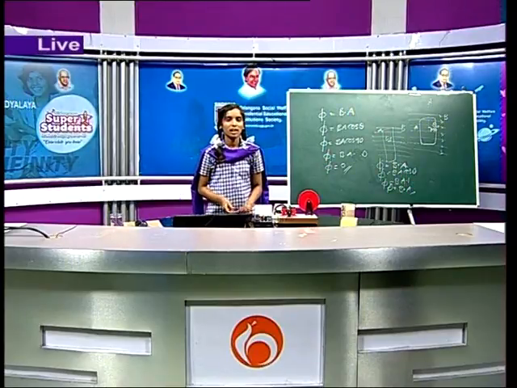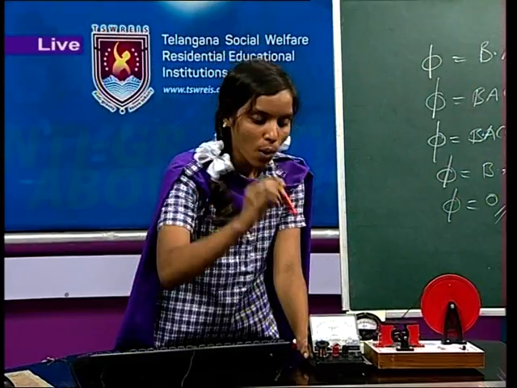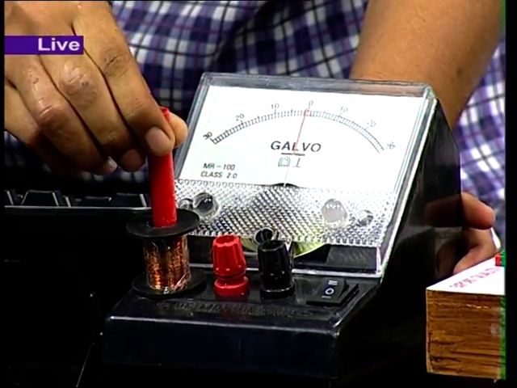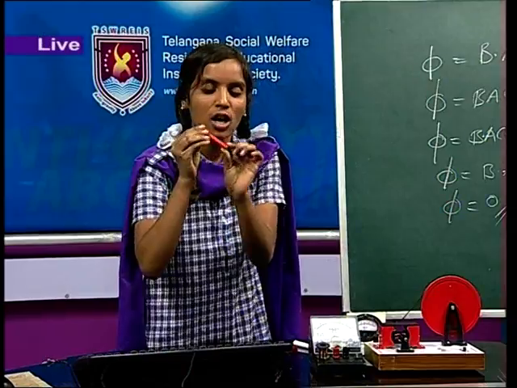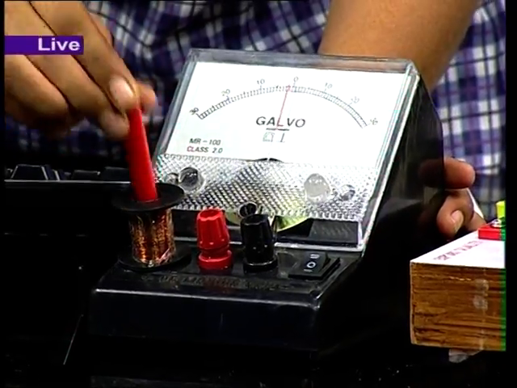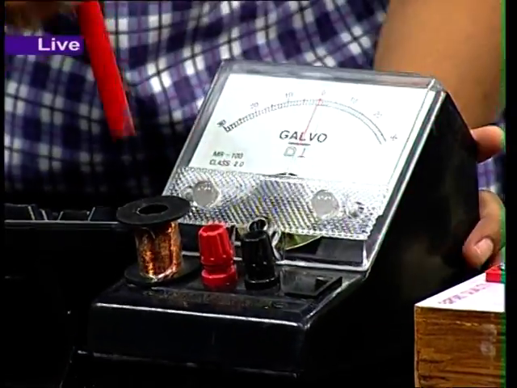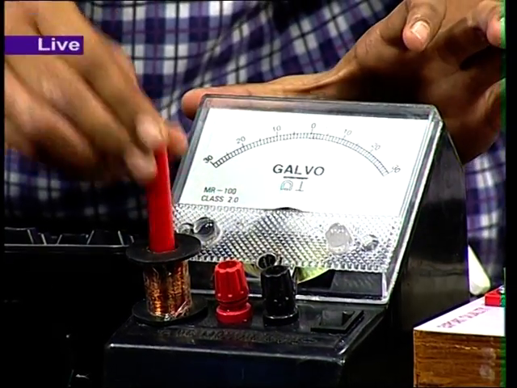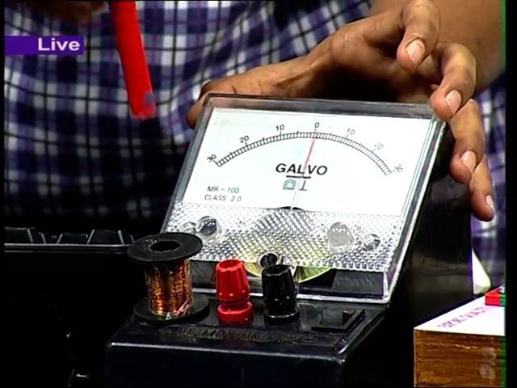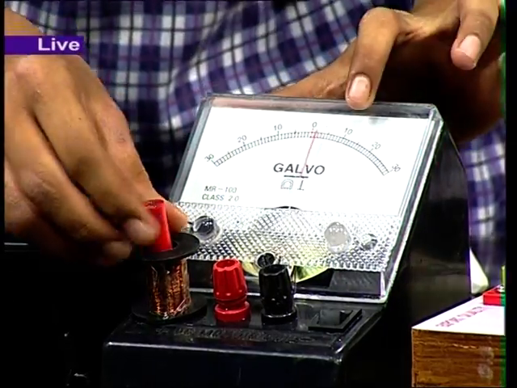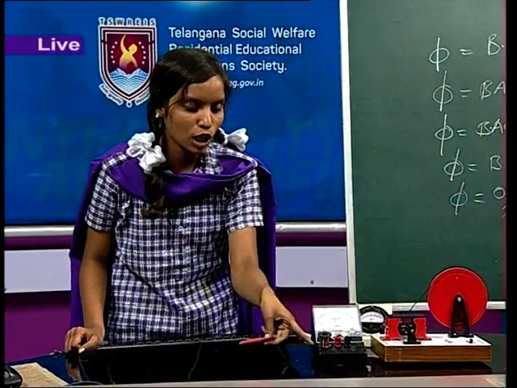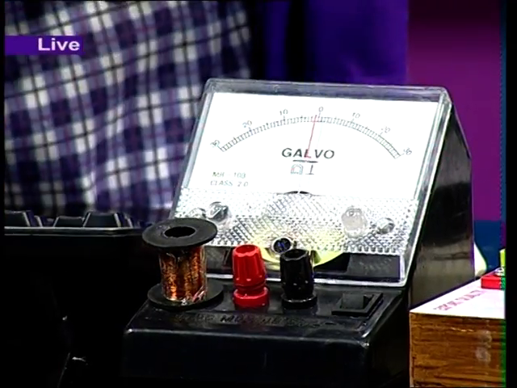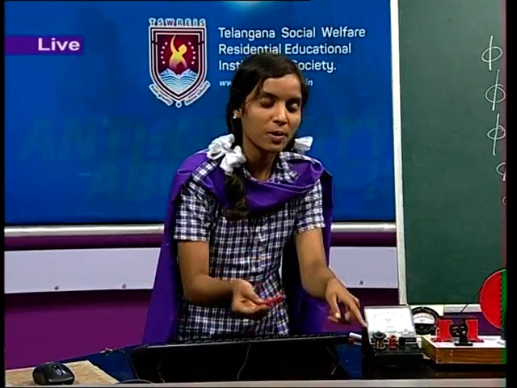So here this is the bar magnet, right? Now I am inserting the north pole. While I am inserting the north pole, it showed deflection towards the right. Why is it showing deflection? Here this is the copper coil, and this is the bar magnet.